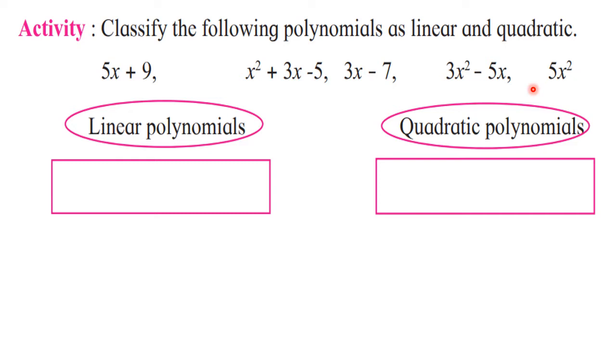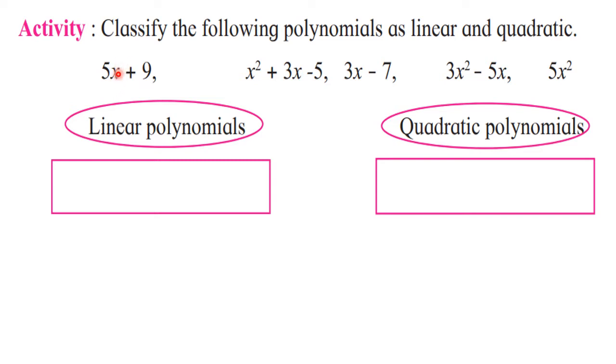We have studied about degree of polynomial. Like here, if you see this polynomial, you can say that it's a binomial because it is having two terms. If you try to find out in the form of number of terms, it is binomial. But if you see the degree here, then you can say that it's a linear polynomial. Why linear? Because the degree of the variable is 1 here.